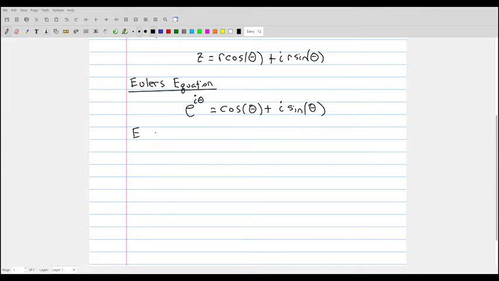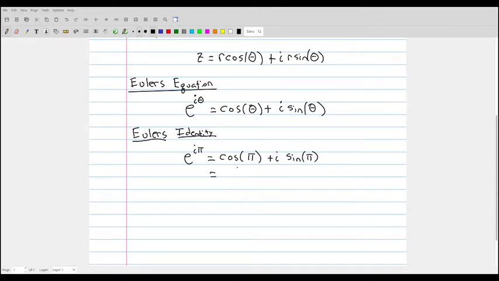So it's worth saying here as well that if you believe me that Euler's equation holds, you can get a rather remarkable identity called Euler's identity, by plugging in pi to this expression. Because e to the I pi, assuming this equation holds, is the same thing as cosine of pi plus I times sine of pi.